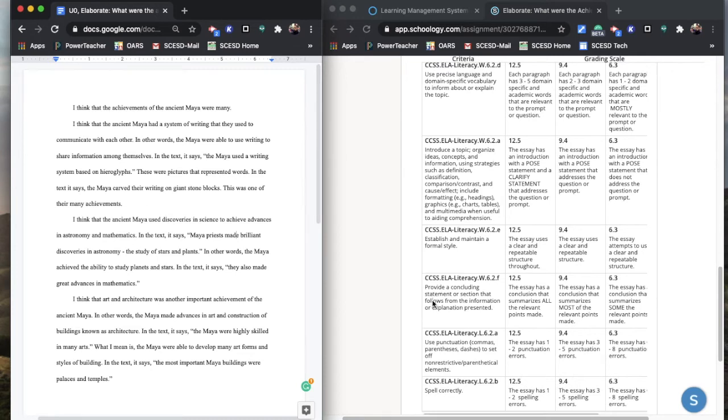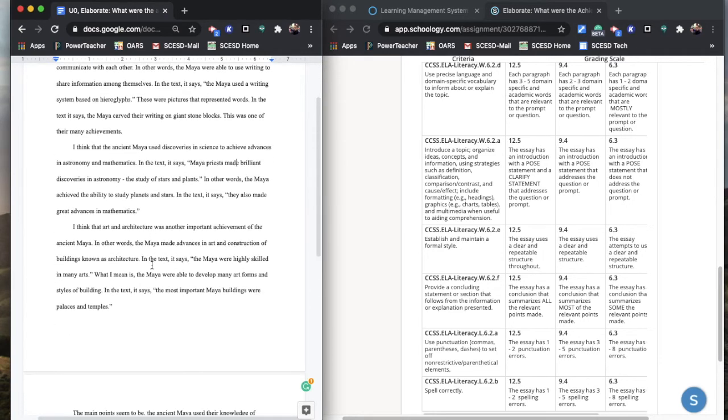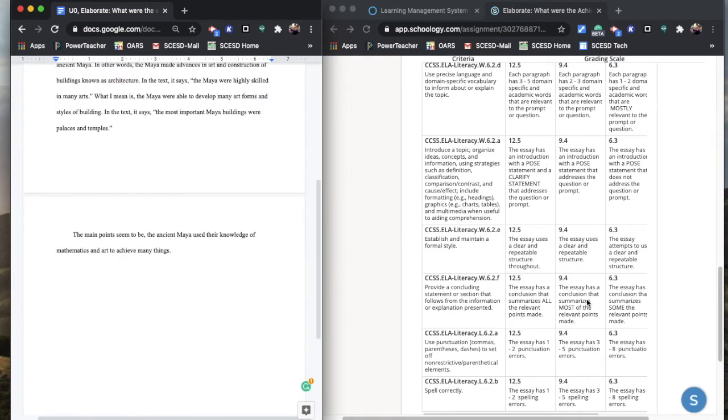Providing a concluding statement or section that follows from the information or explanation presented. This is easy. The essay has a conclusion that summarizes all the relevant points made. The essay has a conclusion that summarizes most of the relevant points, okay? Do we summarize all of the relevant points?